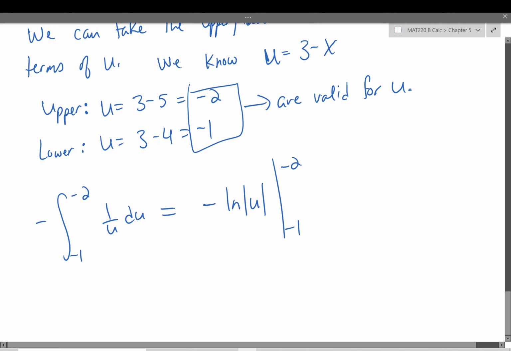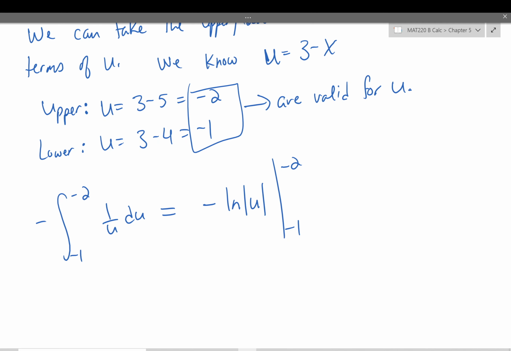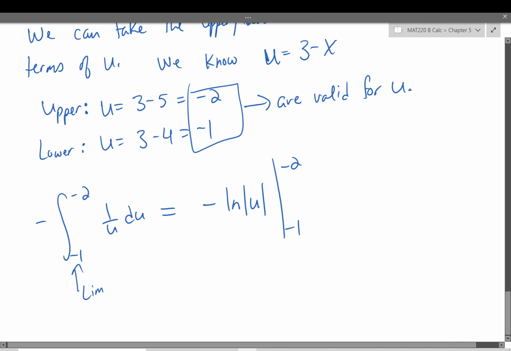You do not have to convert back to x here if you don't want to. What you have to remember is you have to convert the limits. So limits must be converted if you want to stay in the variable of u.